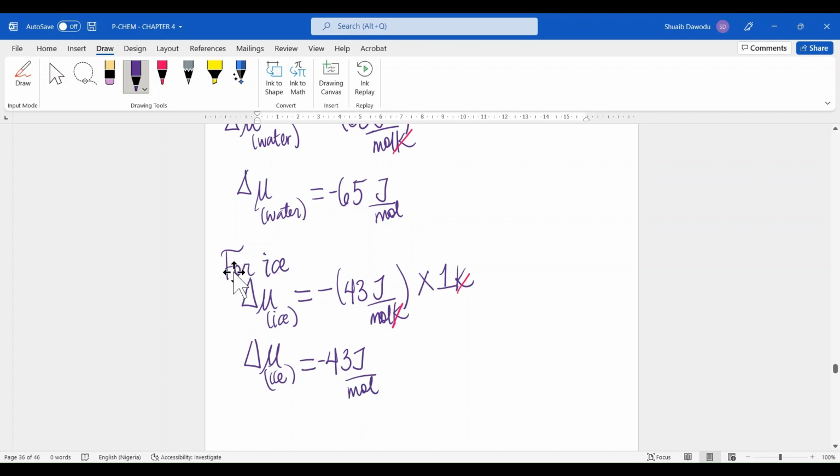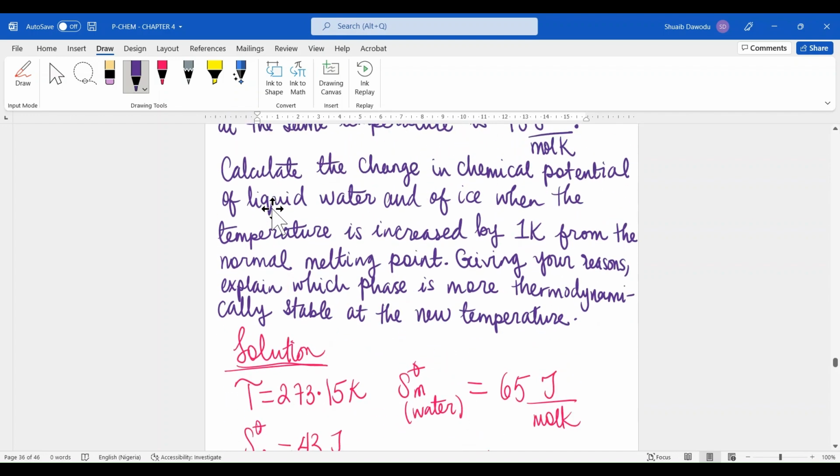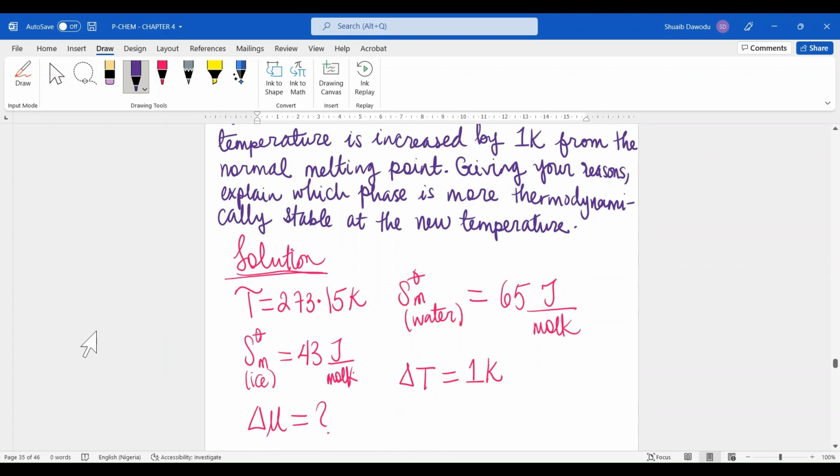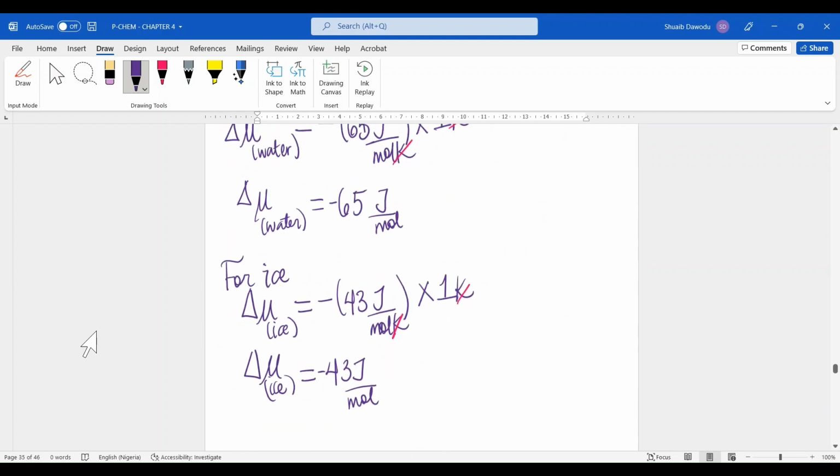So we have successfully calculated what we're asked to calculate: the change in chemical potential for liquid water and of ice. Now we're asked to determine which phase is more thermodynamically stable at the new temperature.